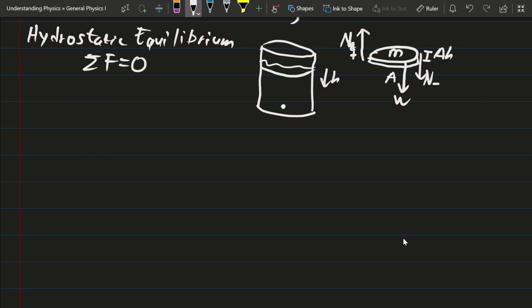So, first, to get the sum of the forces to be zero, that means that the normal going up, subtracted by the weight of the object, subtracted by the normal that's going down, must equal zero. That's the idea for hydrostatic equilibrium in this place. There will also be gravitational force going downwards.